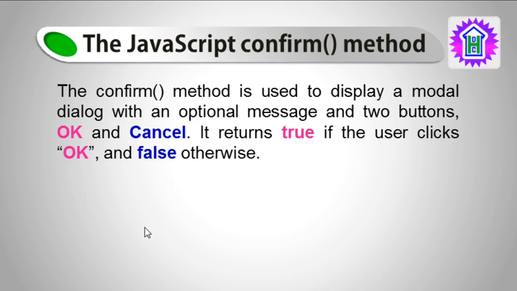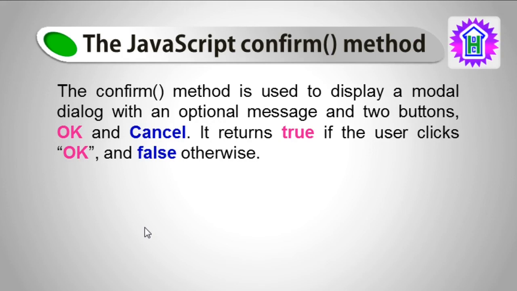So it can be used to ask a question to the user which can be answered in yes or no or OK or cancel. So for selecting alternative choices we can use confirm.